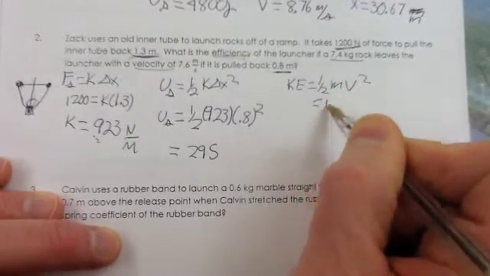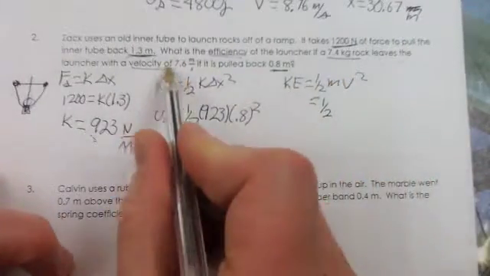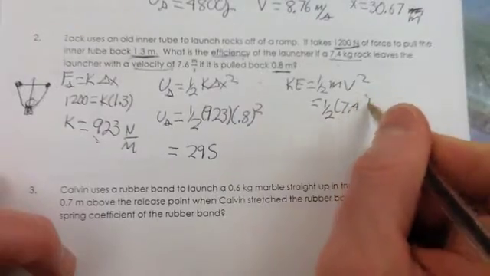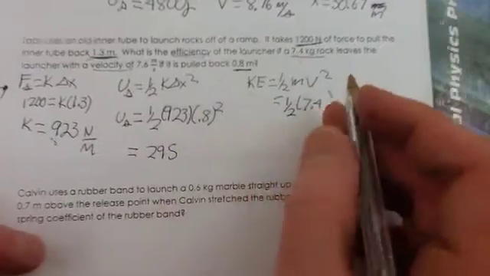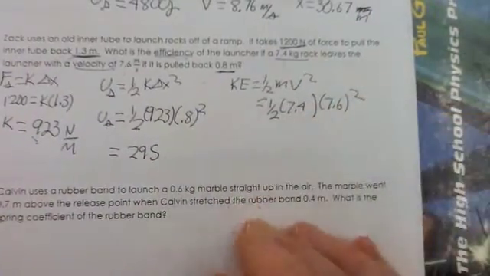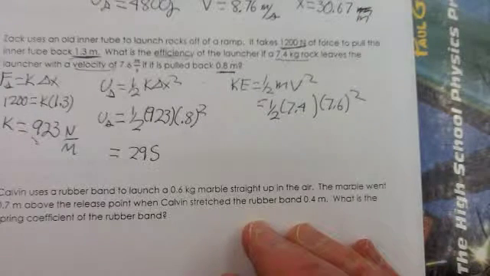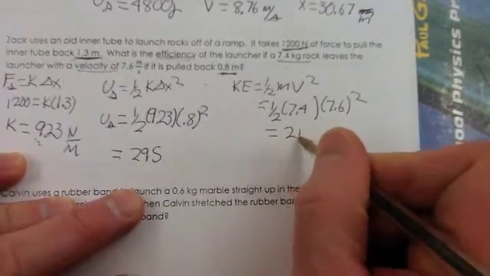So that's 1/2 my mass, which is right here, 7.4, times my velocity, which is 7.6 squared. So I take 0.5 times 7.4 times 7.6 squared equals 213. I got less out than I got in.